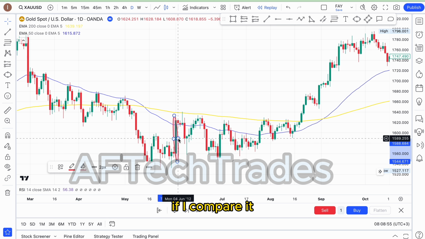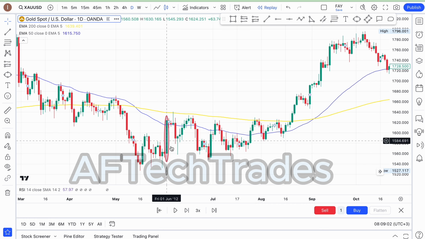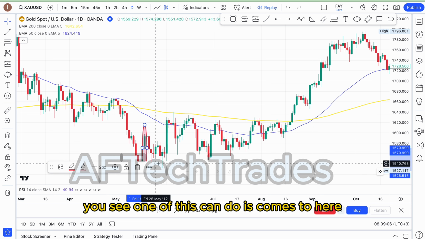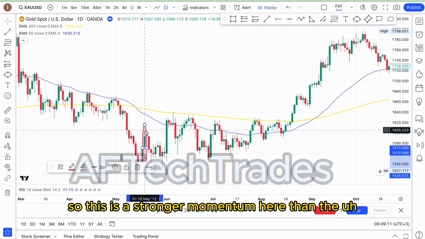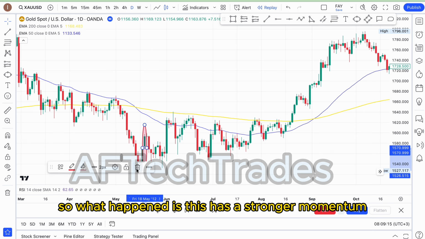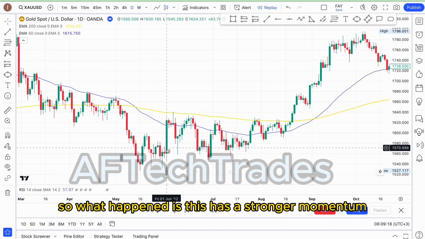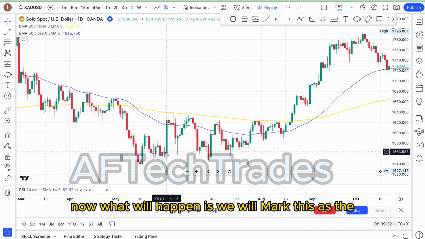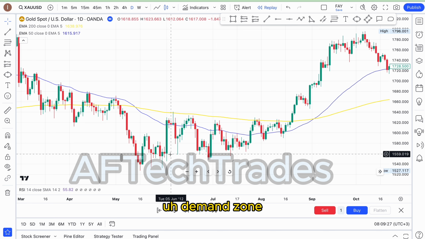If I compare this length, this candle with this, you see one of this candle comes to here, so this is a stronger momentum than the previous one. So what happened is this has a stronger momentum, which means this has overshadowed this one. This region now, we will mark as the demand zone.